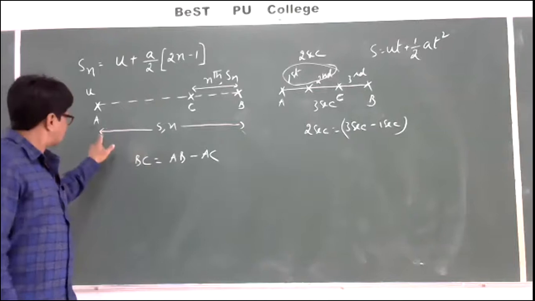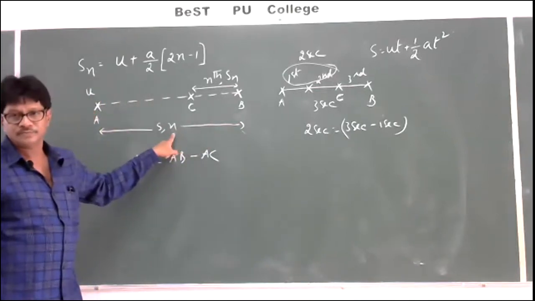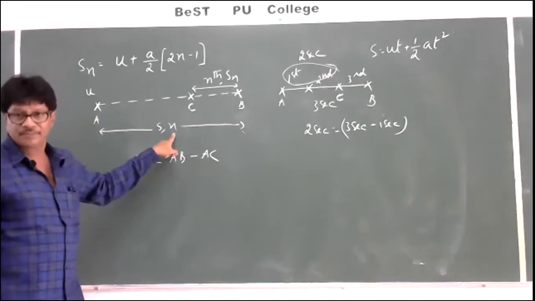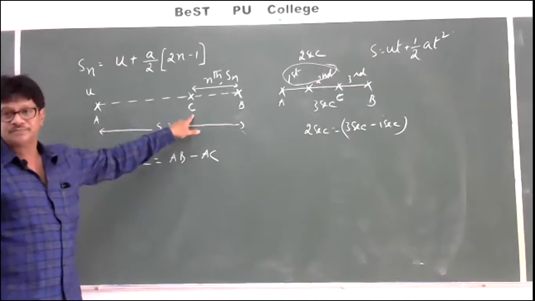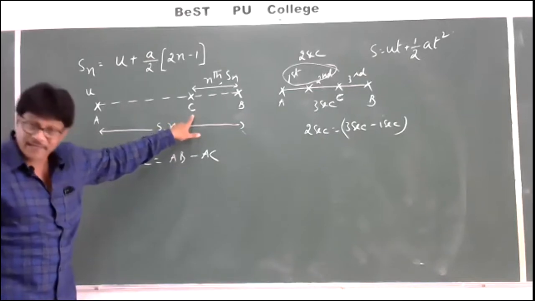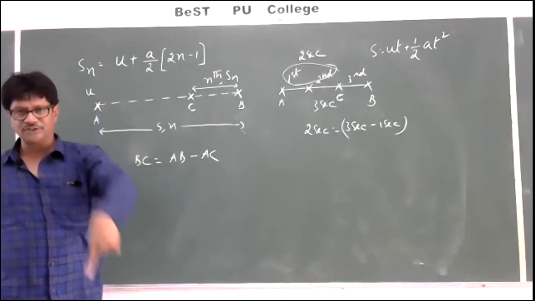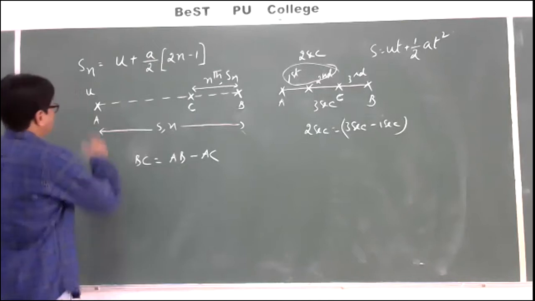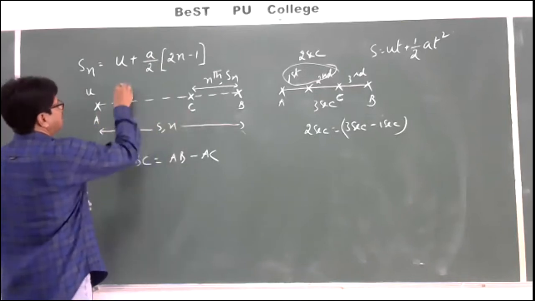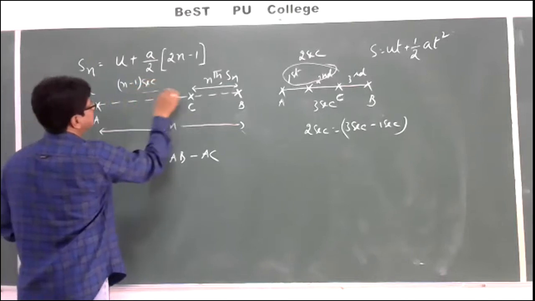So if it takes a time of n seconds to travel from A to B, how much time will it take to travel from A to C? n minus 1 seconds. Understood? So the time taken to travel from A to C is n minus 1 seconds.